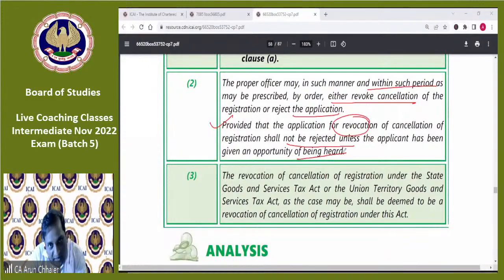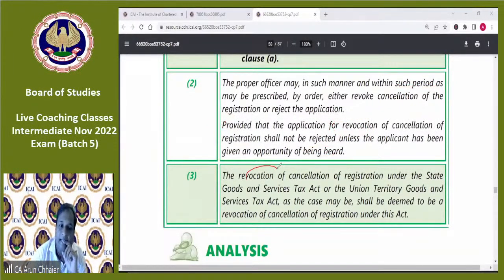For any adverse action to be taken against the taxpayer, the officer has to provide the opportunity of being heard. Without listening, he cannot take action against any registered person. Again, the same deeming provision: revocation under CGST, SGST, UTGST shall be deemed to be the revocation under the Act.